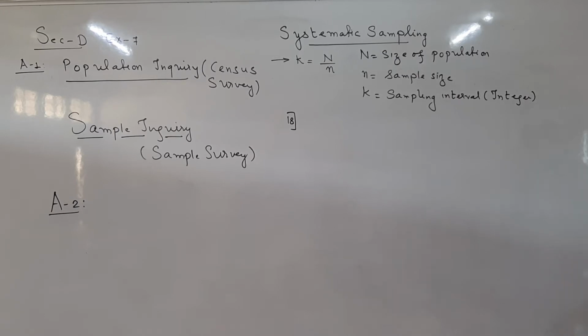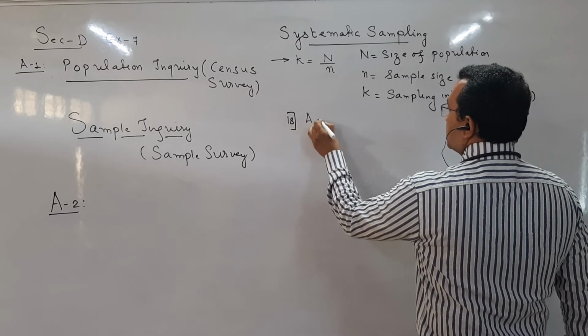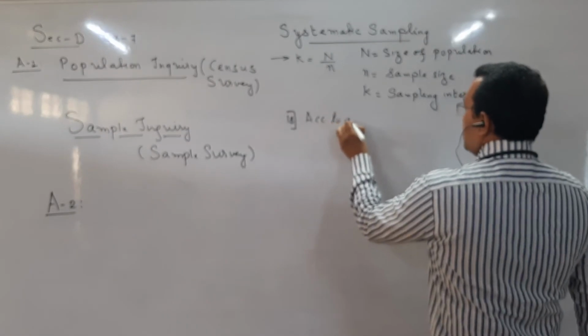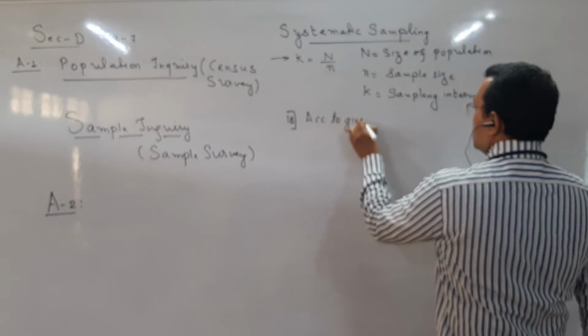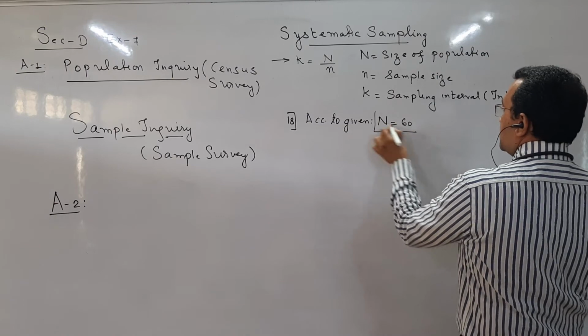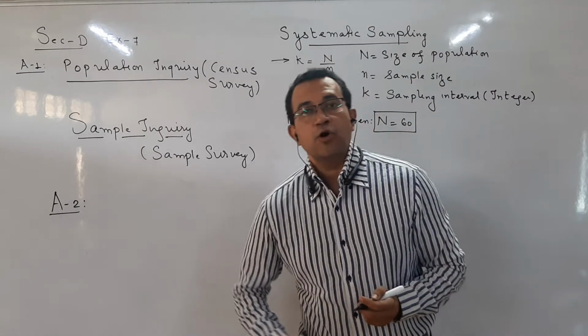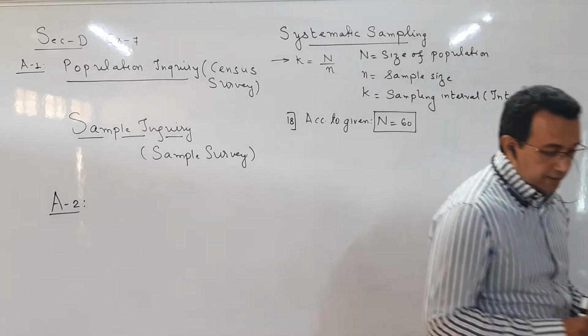There are 60 employees in the office of an IT company. So population size is 60, capital N = 60. This is the size of population. These, students, we have already studied in chapter 1.